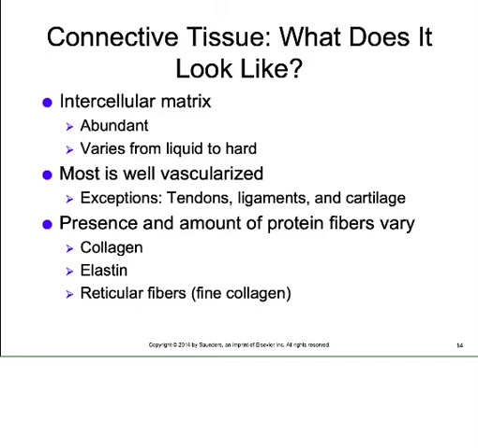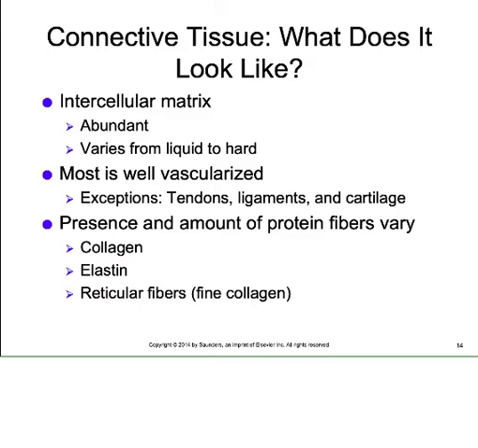In connective tissue proper, such as loose connective tissue, which is found under all epithelial tissue layers, protein includes collagen and elastin and reticular fibers and keratin in many cases, whereas in adipose tissue it's really not an extracellular matrix as much as it is fat droplets that are within the fat cells.